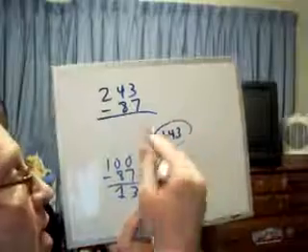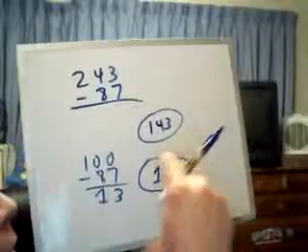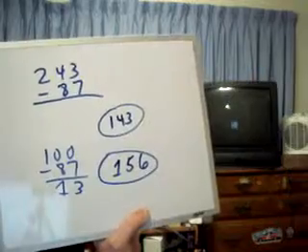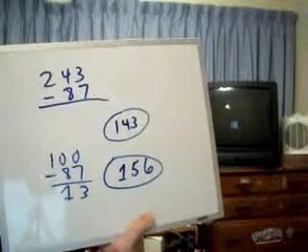Well, we'll just add this 13 back to 143. What is 3 plus 3? Well, obviously that's 6. And what is 4 plus 1? Well, that's 5. So, if we add 143 plus 13, we get 156, which of course is the correct answer.